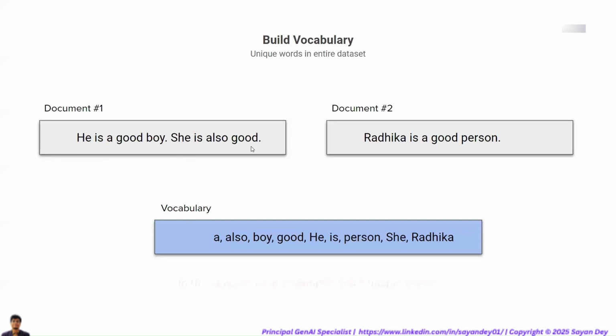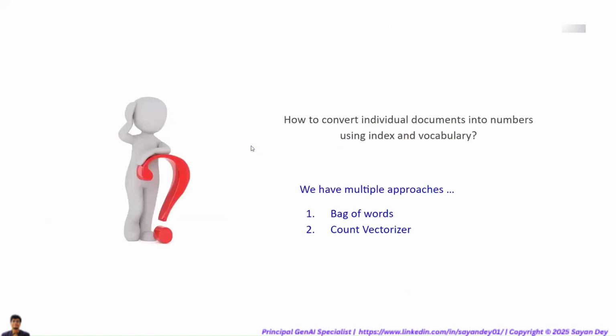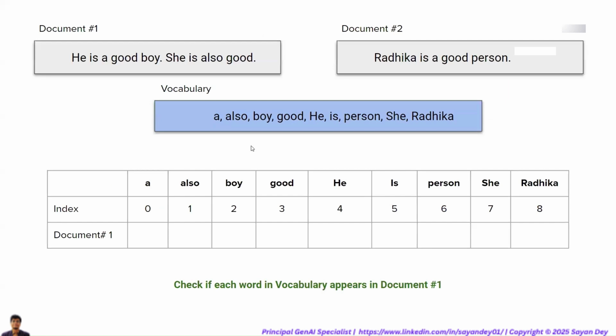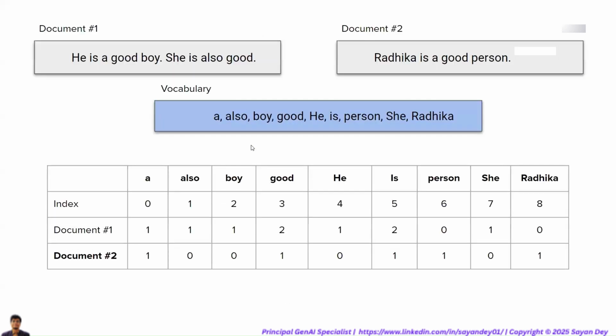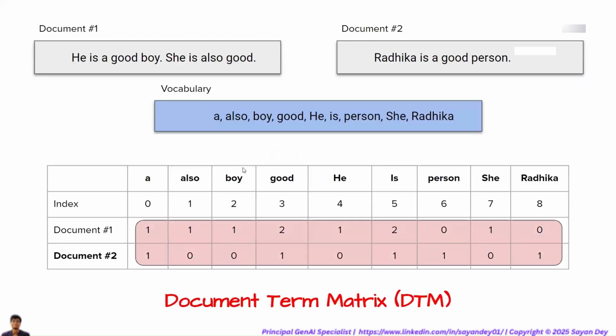Then we simply create what we call a document matrix or a DTM, which looks somewhat like this. Very simple. Just to summarize: review one and review two, which I'm calling document one and document two.